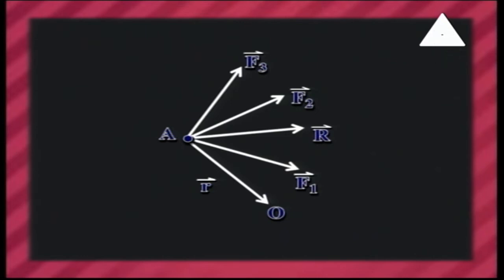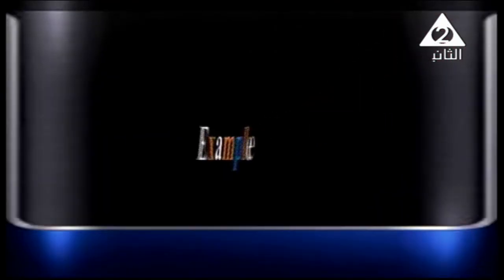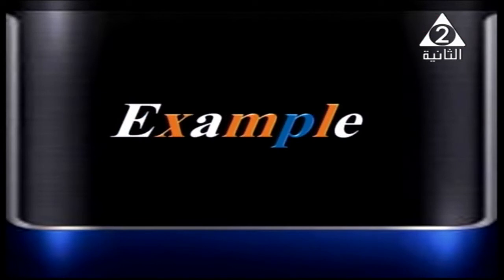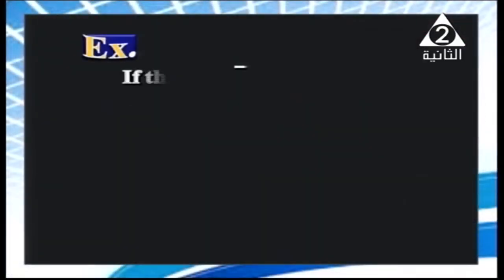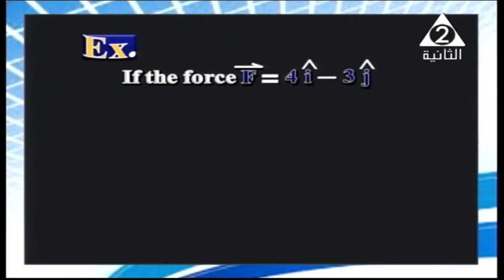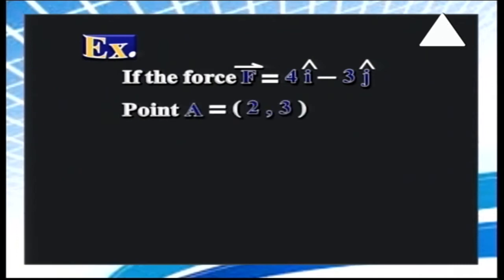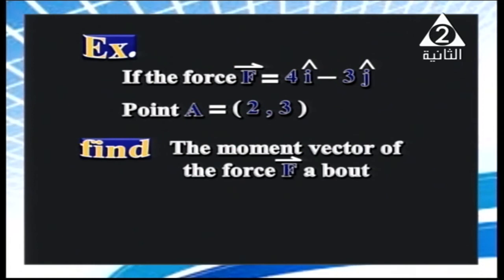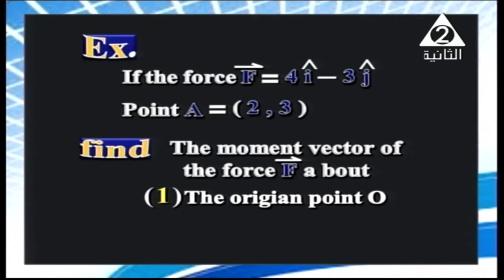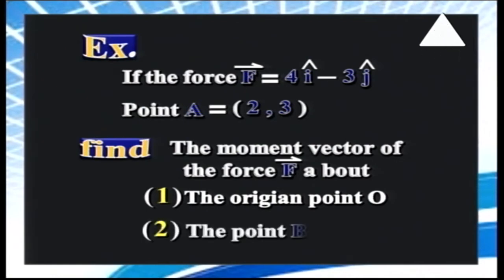My dear student, look at the important example. If the force F equals 4i minus 3j, and point A equals (2, 3), an ordered pair, find the moment vector of the force about number 1, the origin point O, and number 2, the point B, whose components are (-1, 2).